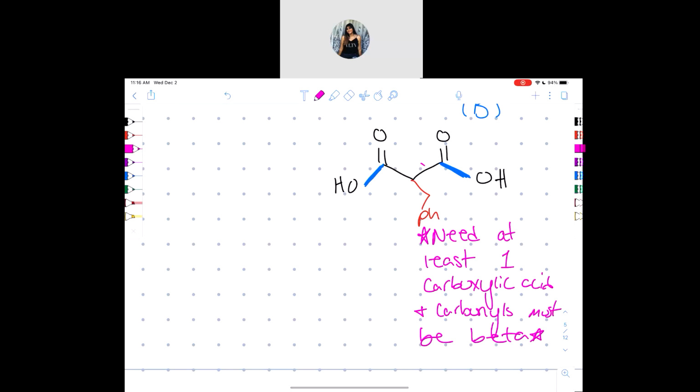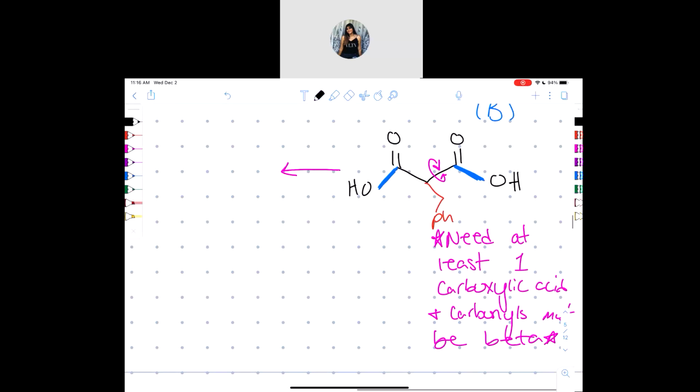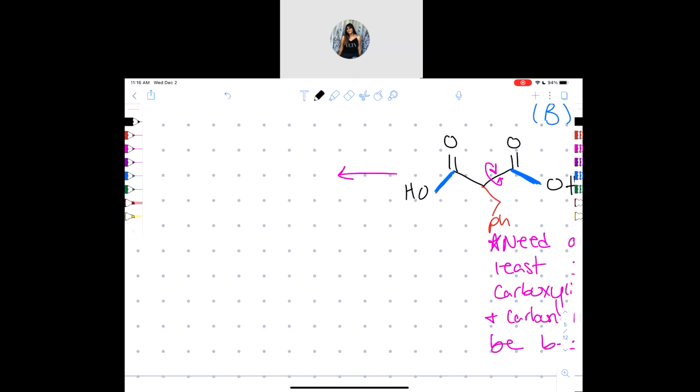So I'm going to choose to rotate this one, even though it doesn't really matter. They're both the same. And so what is the point of rotating? What are we trying to rotate?